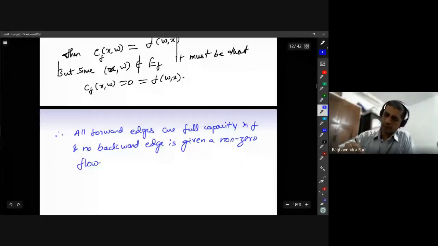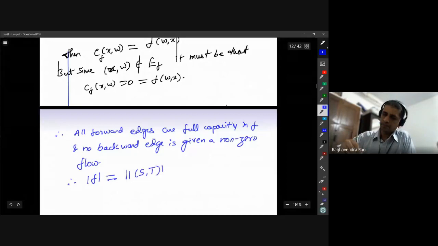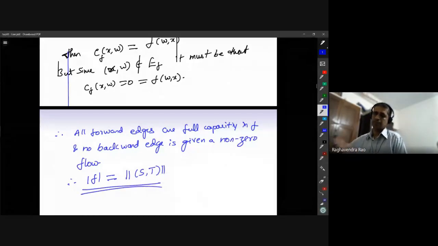So therefore, the value of the flow is equal to the capacity of the cut. And that's all we needed.